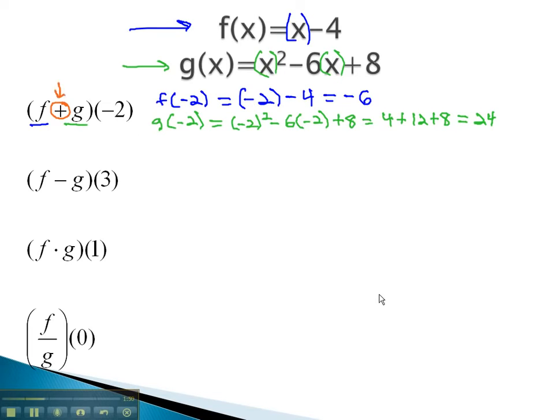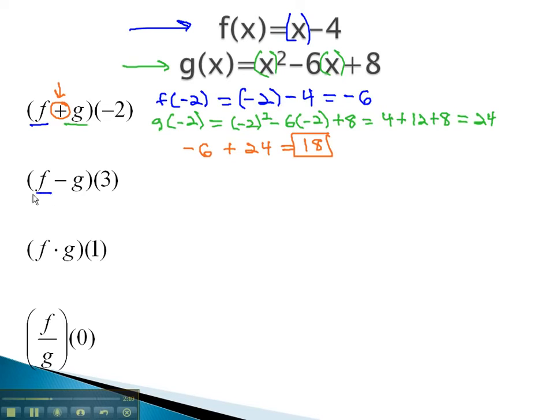Now we're asked to add these two results together, meaning we're going to take the -6 from the f function and add 24 from the g function to get 18. f plus g of -2 is equal to 18.